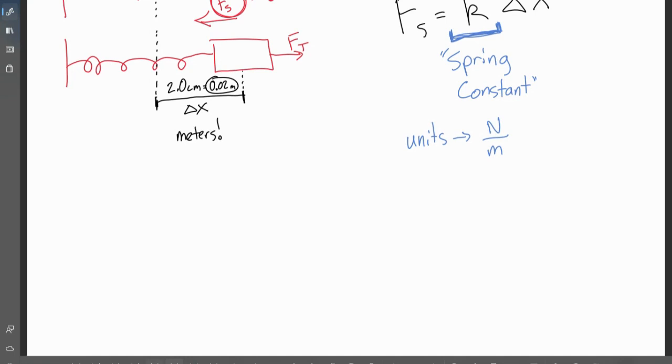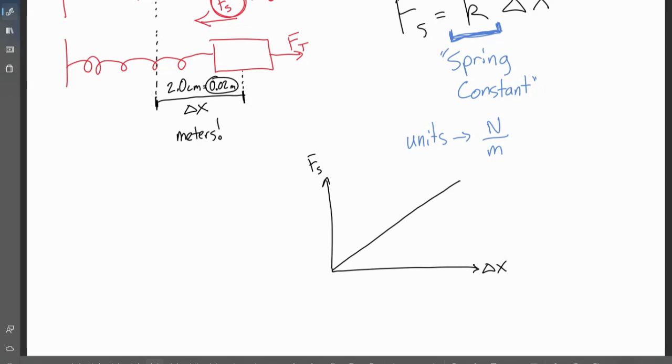Essentially what that means is if we were to draw a graph of our spring force and our delta X, the slope of this graph tells us this. This means that as we pull it more, the force increases. If I were to pull it even further, the force would get even bigger. Pull it even further, the force gets even bigger. This is our linear relationship, our direct relationship.